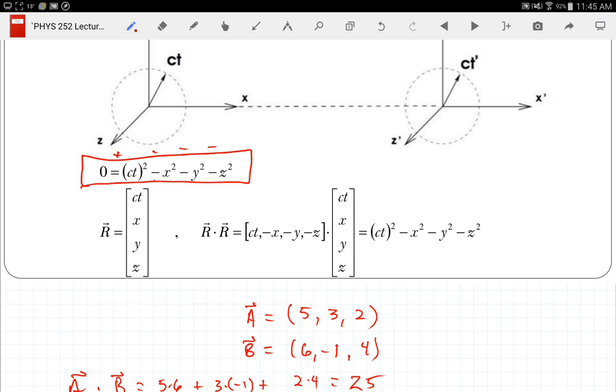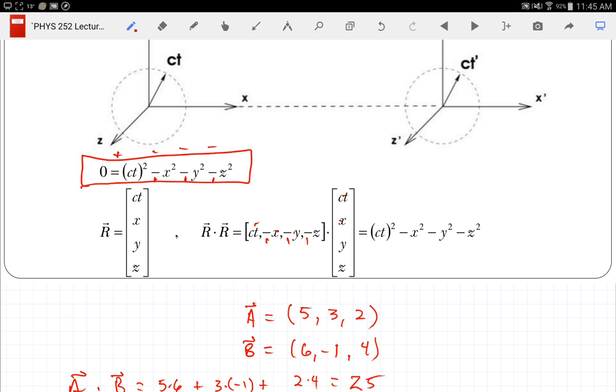Because in our invariant we had minus signs there. And in order to affect those minus signs when I do the dot product, I needed to have the minus signs appear when I convert from a row vector to a column vector, or from a column vector to a row vector. So I used the same multiplication rules, this one times this one plus this one times this one plus that one times that one. But the signs were shifted in the conversion from column vector to a row vector.